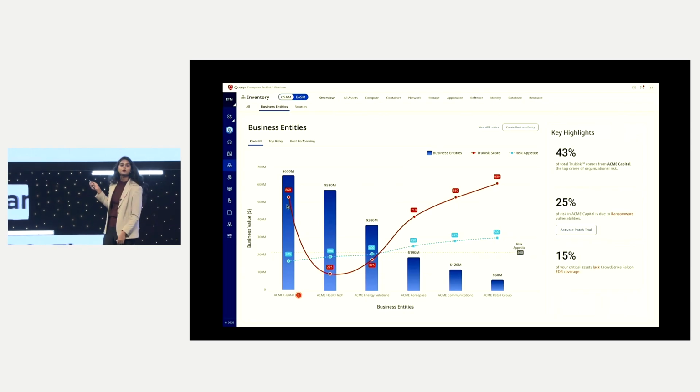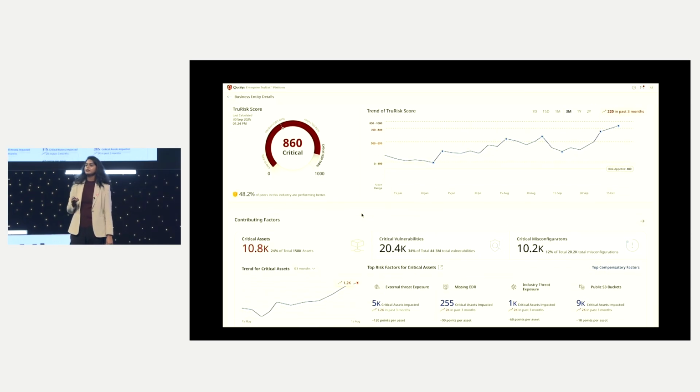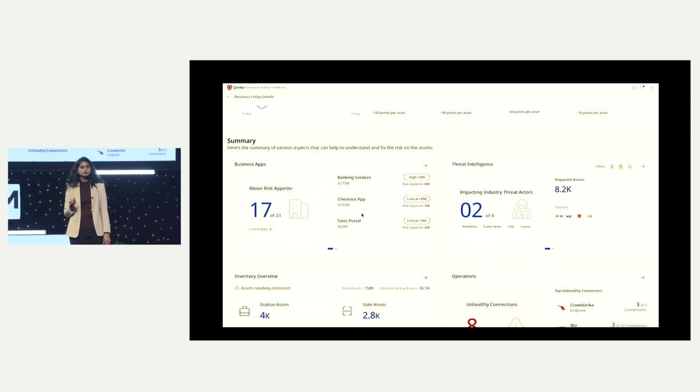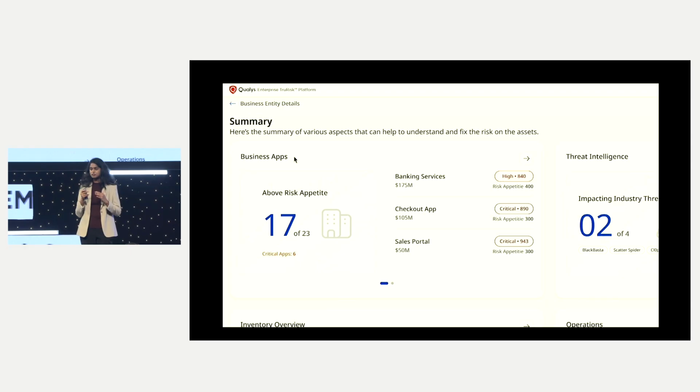Right now, let us look into one such entity called Acme Capital. With Acme Capital, this dashboard view gives you a detailed understanding of your true risk trends and also the contributing factors for your true risk. Importantly, the associated business applications. One such business application is the banking service.